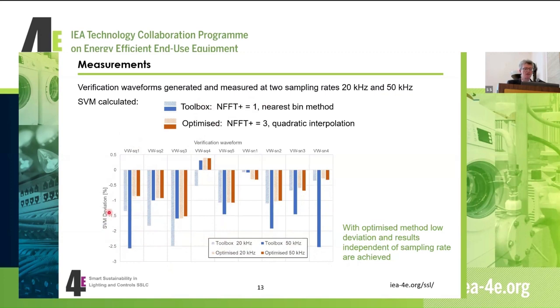And if you use the 20 kilohertz, it's slightly lower. And you can see there's still a large difference here. So what would be the true value here? But if we apply the optimized method using zero padding 3 times and quadratic interpolation, we get a lower uncertainty on this, and we get consistent values for the 2 sampling rates, which we would expect and hope for in a situation like this, right?